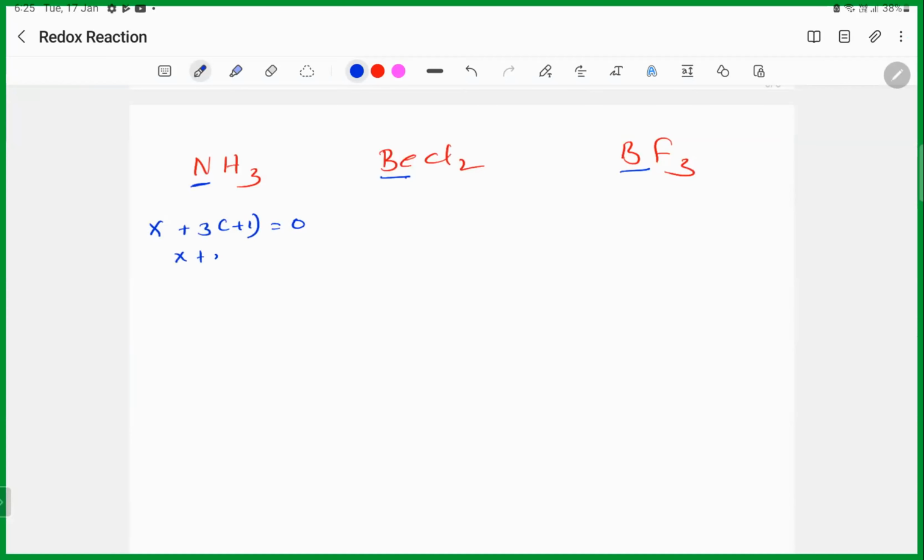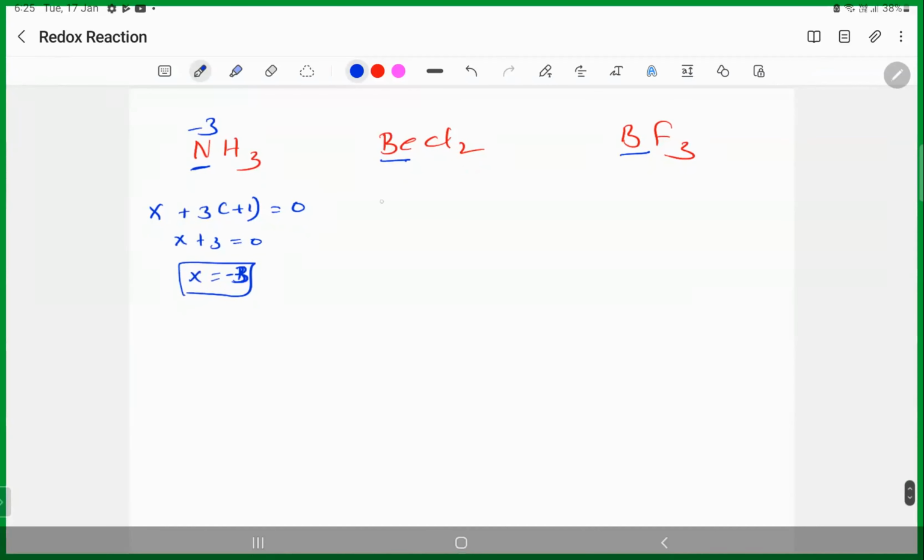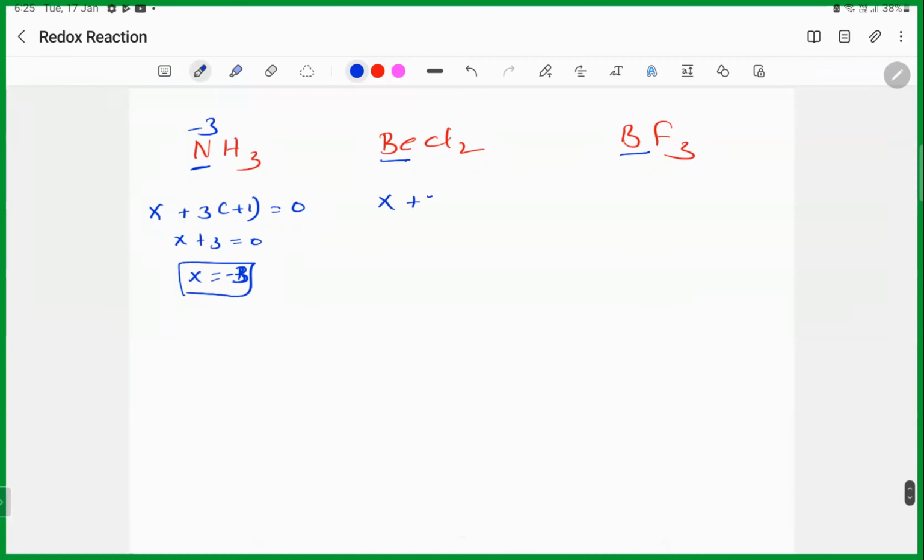So X plus 3 equals 0, X equals -3. So the oxidation state of nitrogen is -3. For beryllium, X plus 2 times -1, because chlorine is -1, equals 0. So X minus 2 equals 0, X is +2. For boron, X plus 3 fluorine atoms at -1 equals 0, X minus 3 equals 0, X equals +3.